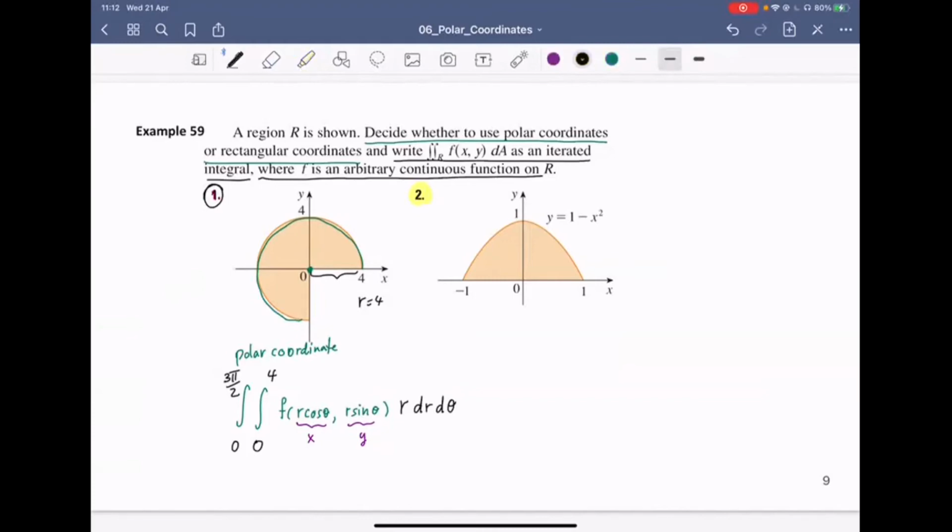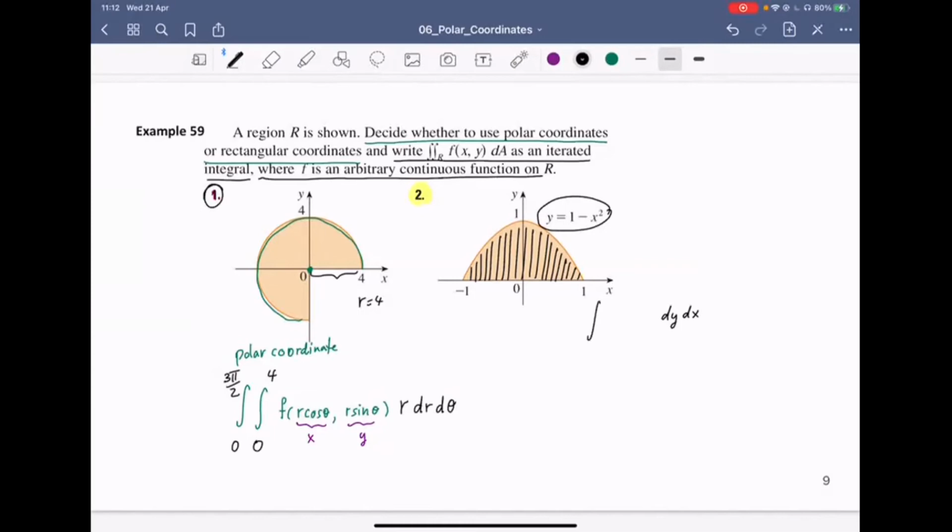For question number 2, you can see that if you draw a vertical line, that is so easy. I can draw a vertical line and then done. Then use dy dx. Don't do the polar coordinates, because some functions are a lot harder to work with in polar coordinates. Like this parabola, if you switch to polar coordinates, this equation is going to be ugly. So we'll just keep it like that.